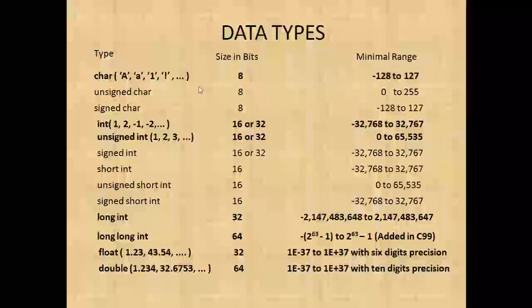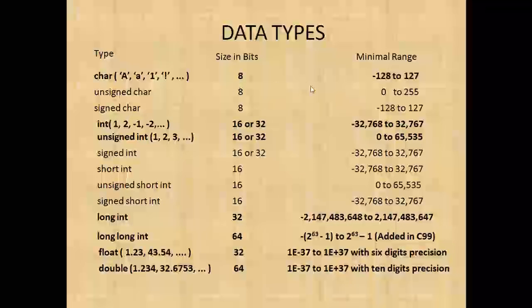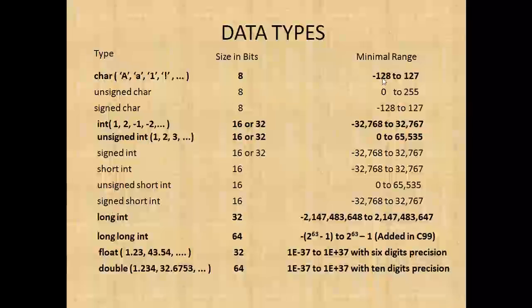And as we know, computer memory is not infinite, so there's a system by which we must represent any data. Character data is represented using 8 bits, so its range is -128 to 127.